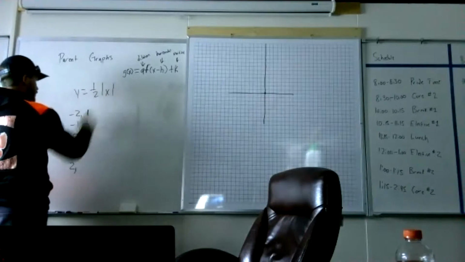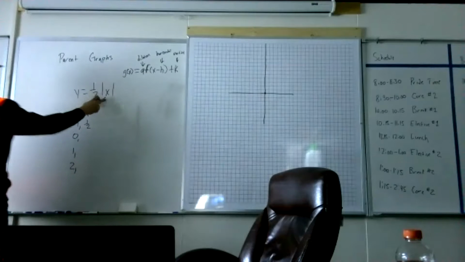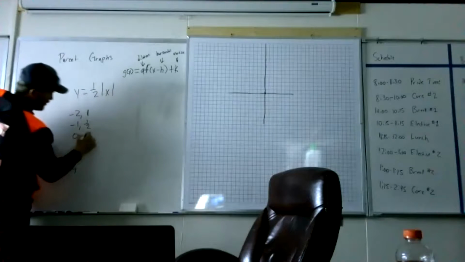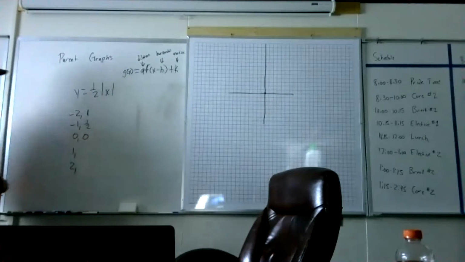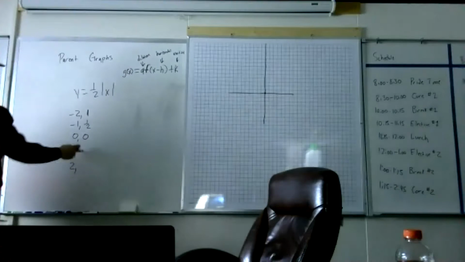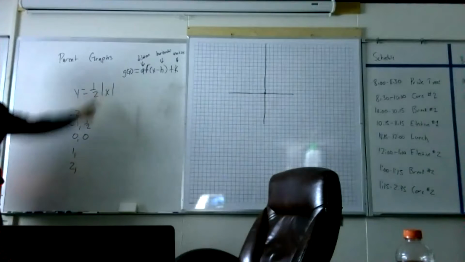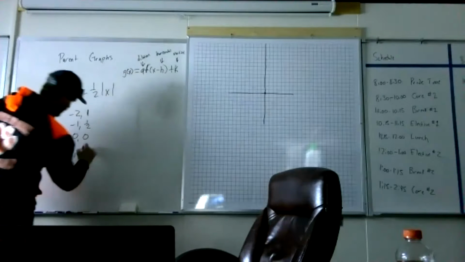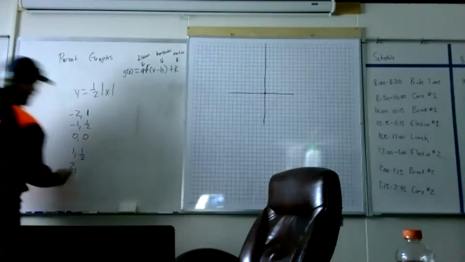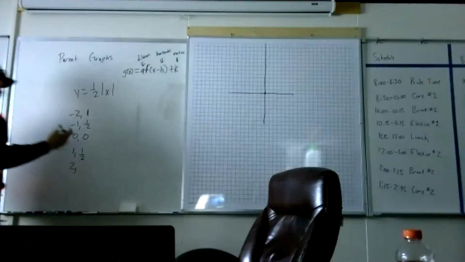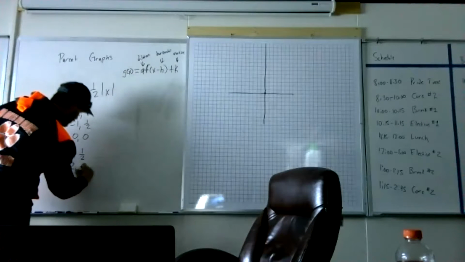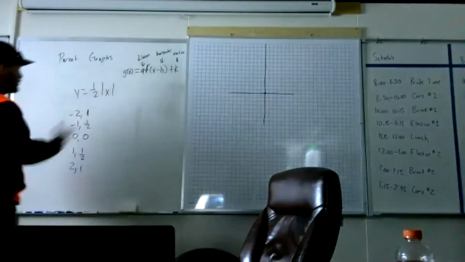The absolute value of 0 is 0, times 1/2 is still going to be 0, because anything times 0 is 0. The absolute value of 1 is 1, times 1/2, 1/2. The absolute value of 2 is 2, times 1/2 is 1. So these are my critical points.